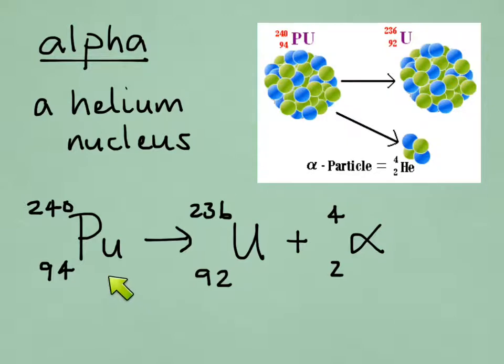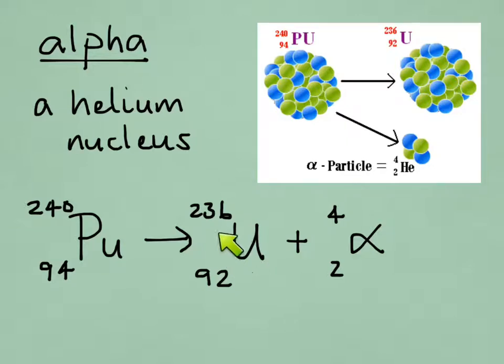So if, for example, we knew that plutonium decayed by alpha emission, we could write down those 2 bits. We would then know that the missing number here is 92, because 94 minus 2 makes 92. And if we didn't know what the element was that it decayed into, we could look it up in a periodic table and discover that it is indeed uranium.